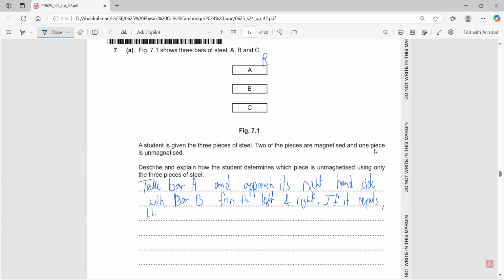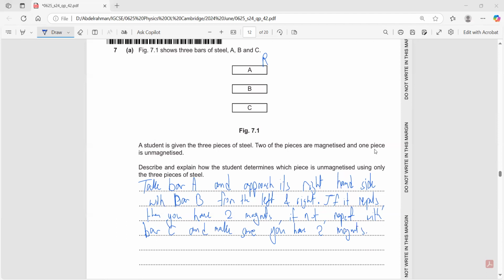If not, you have to repeat with bar C, and make sure you have two magnets. That's it. You have to repeat.